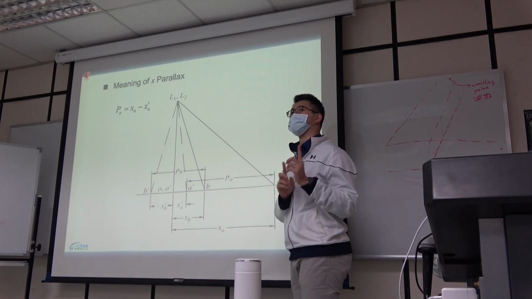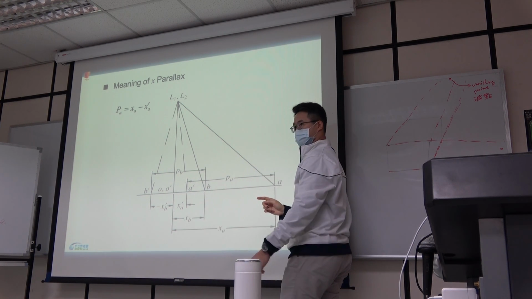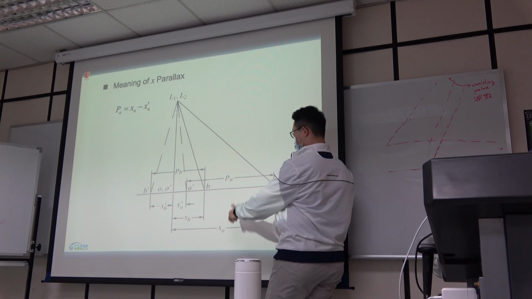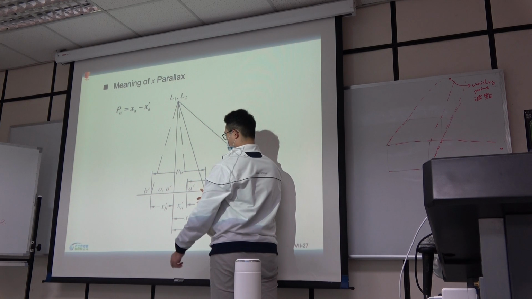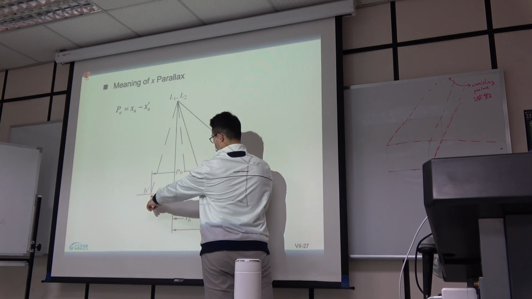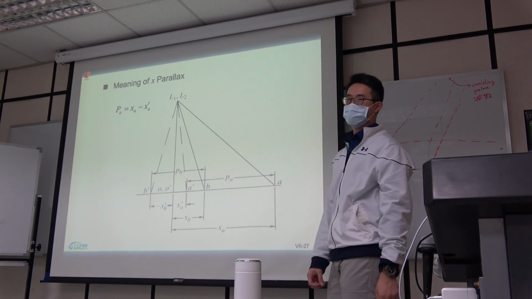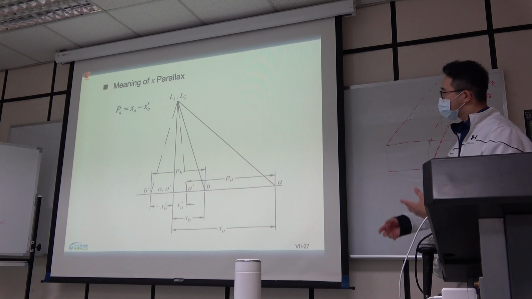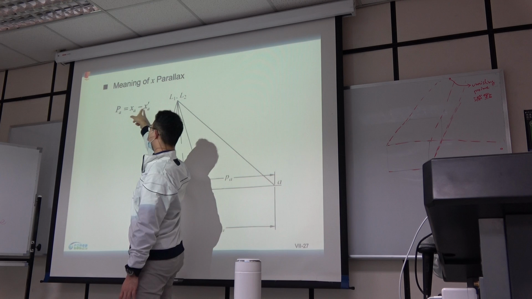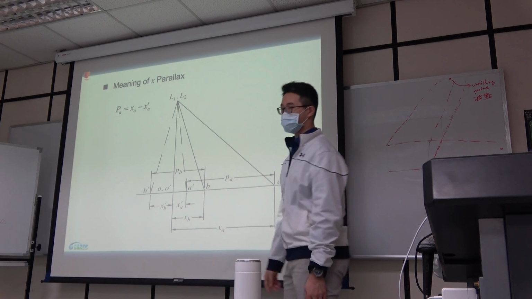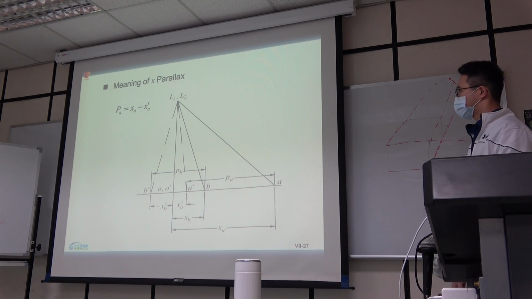The distance between A and A plane is the x parallax of A. PA means the x parallax of A. The distance from B to B plane is the x parallax of B. As you can see here, parallax A, parallax B, that's XA minus XA plane. That's the definition of the x parallax.